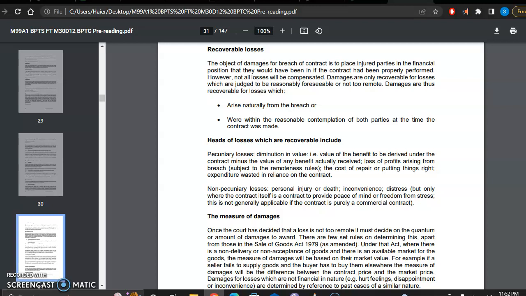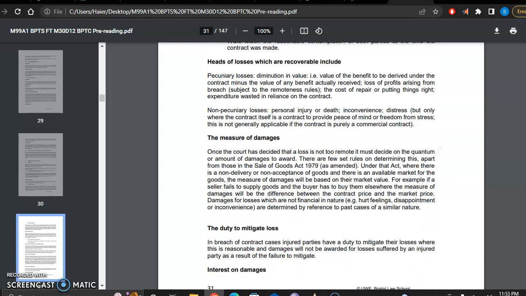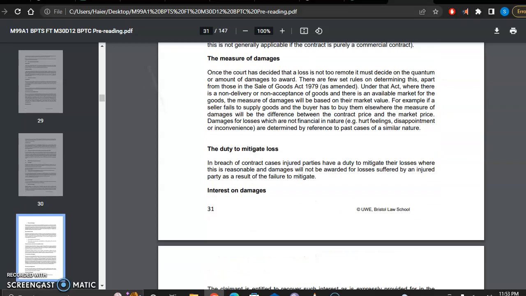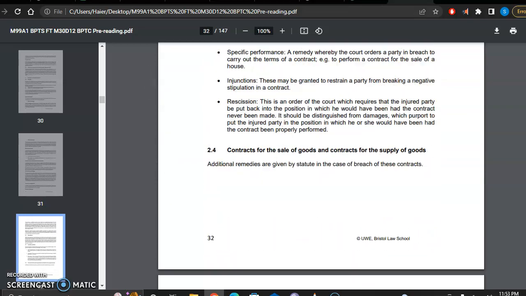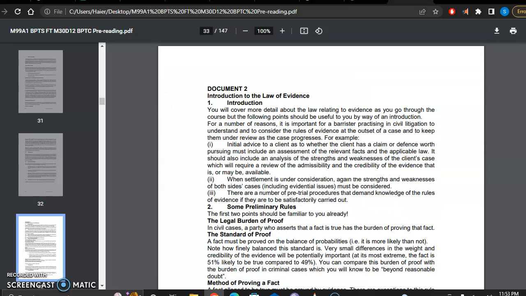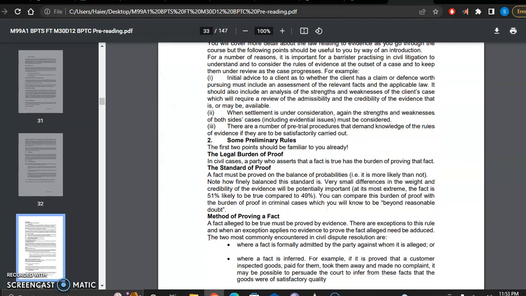Damages are only recoverable for losses which are judged to be reasonably foreseeable or not too remote. You can go through all of this. Not very important.